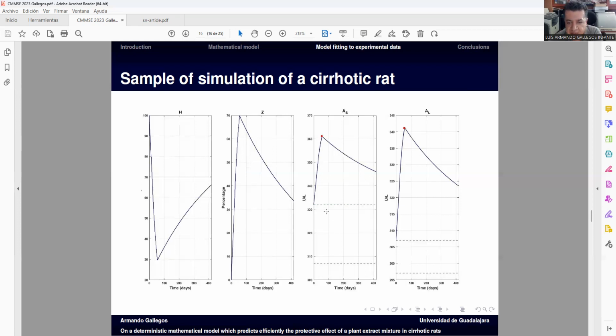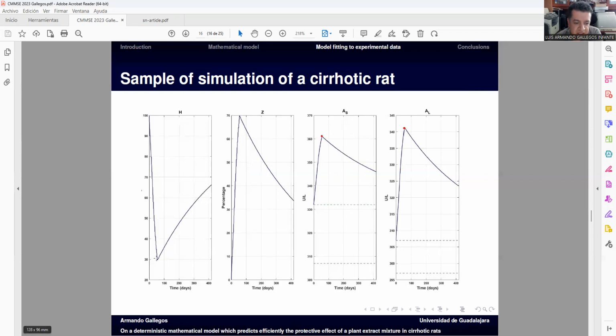The protein levels start with normal levels and increase to this red point, which is the experimental measured level after sacrificing the rat.